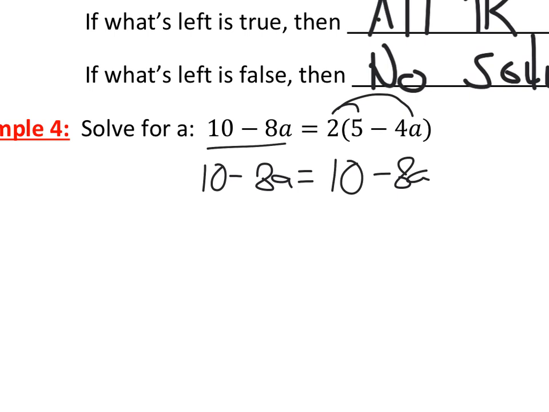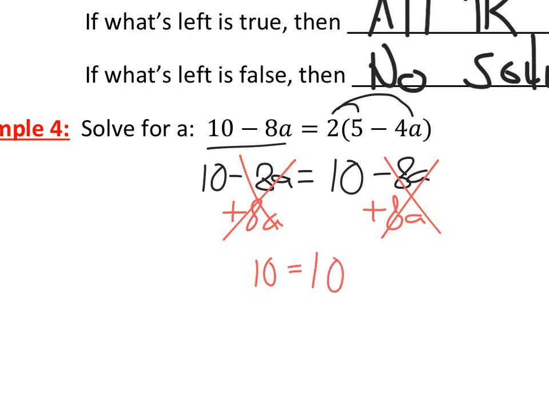I can't simplify either side anymore. So next thing I will do is move the variables to one side. So I'm going to add 8a, add 8a. Those are going to cancel. Oh look, they cancel on this side as well. My variable has canceled out completely. So I'm left with 10 is equal to 10, which is true.